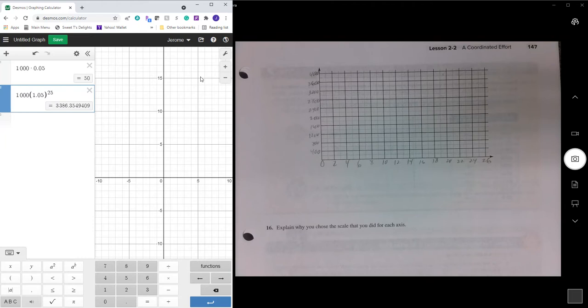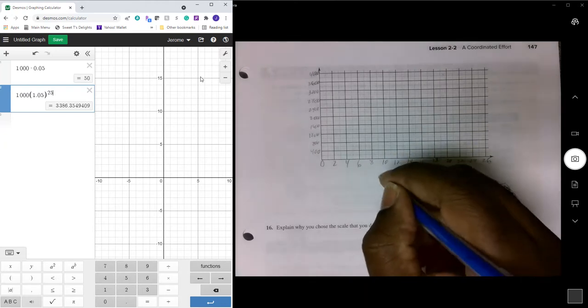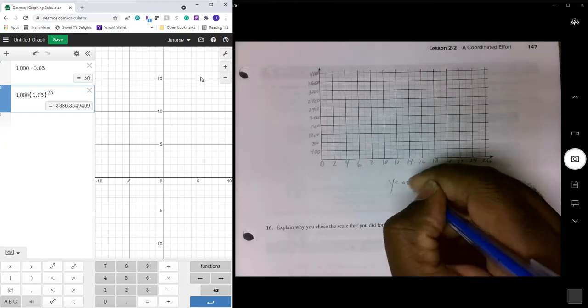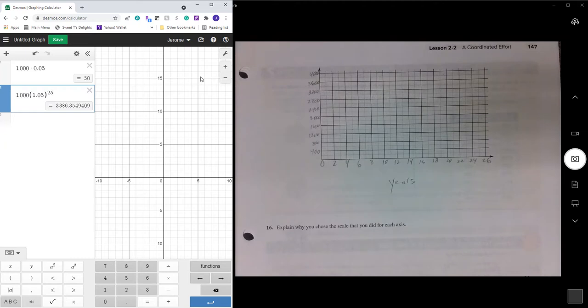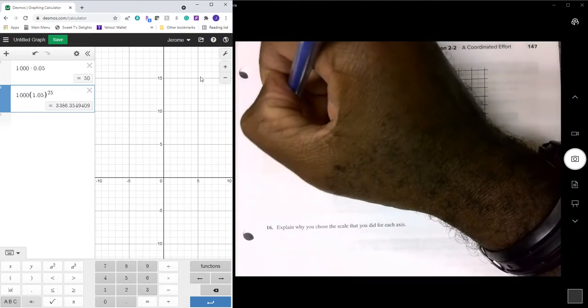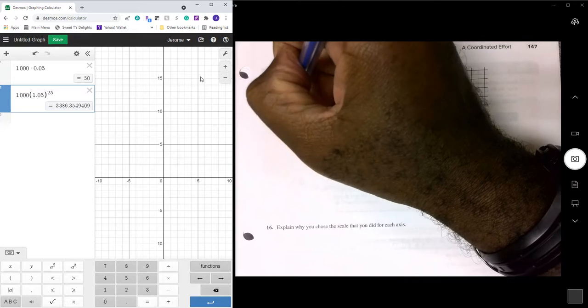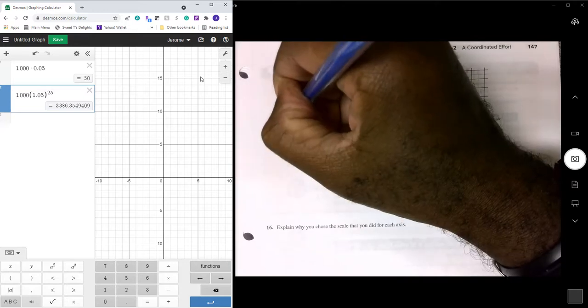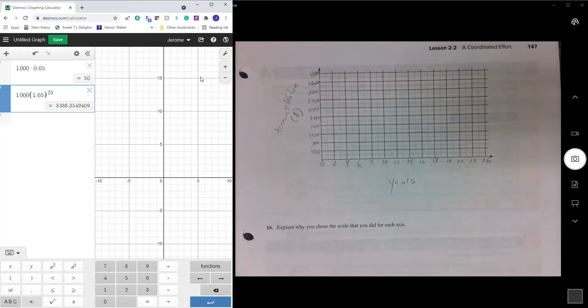Now, we didn't tell what the x-axis and the y-axis is. So basically, the x-axis is our years, and the y-axis is the account value, which would be in money.